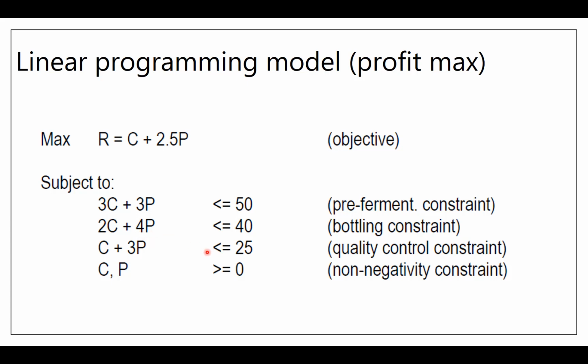And then if we move to the last constraint, it's even more of a disparity. In this case, the item C is only using bottling time at half as fast as the premium product, but it's only using quality control time 1/3 as fast. Okay, and so it's even more valuable in terms of getting a lot of product out, given our limits on quality control.